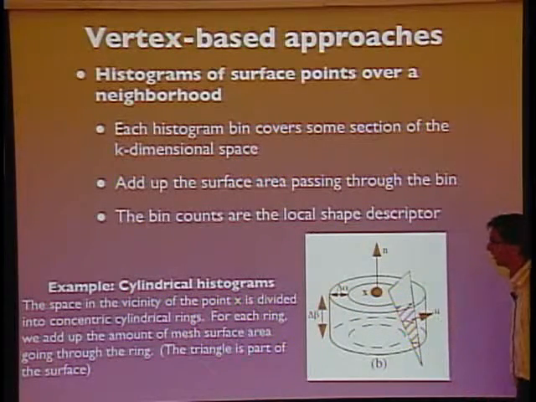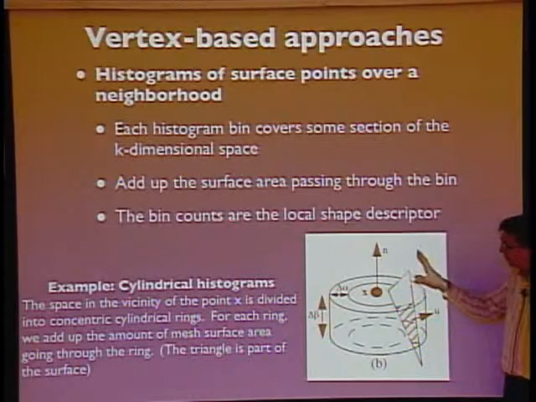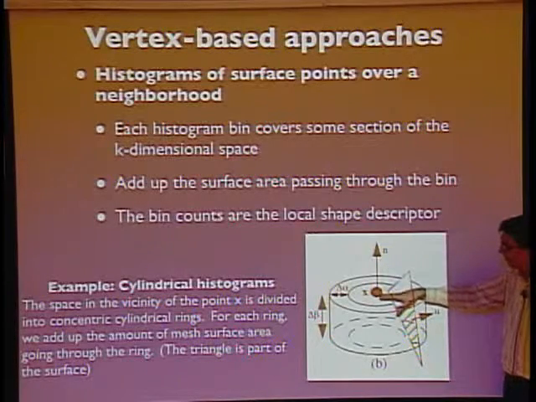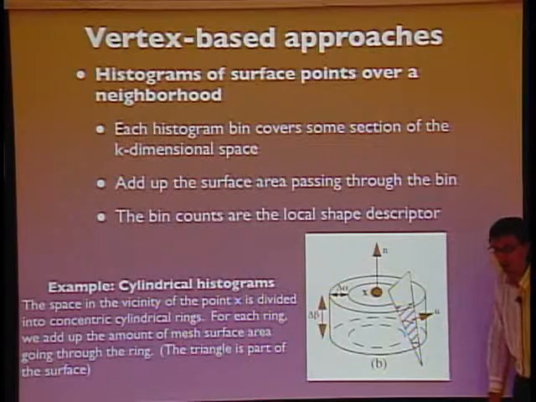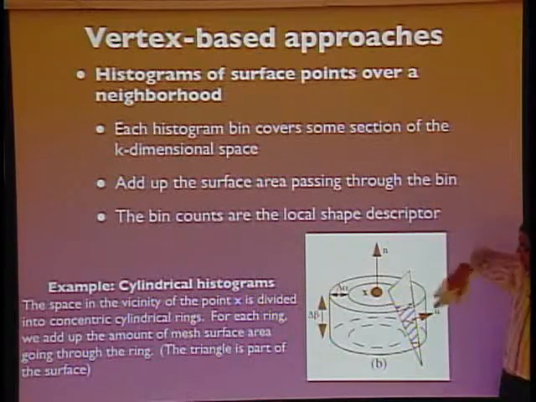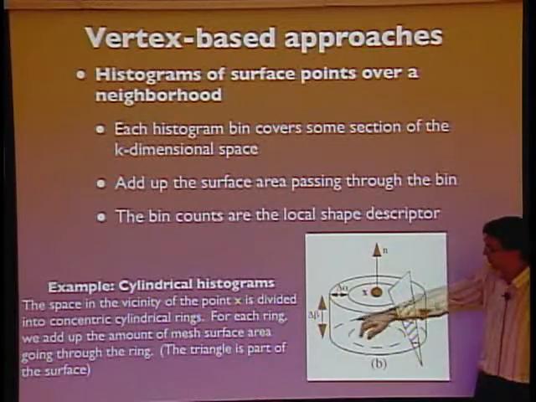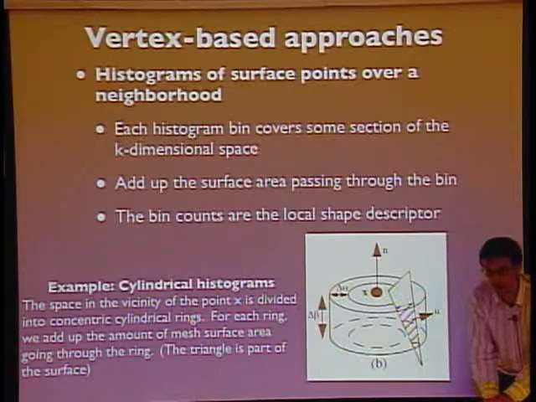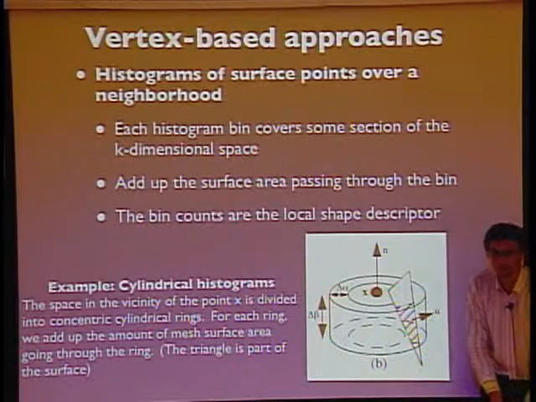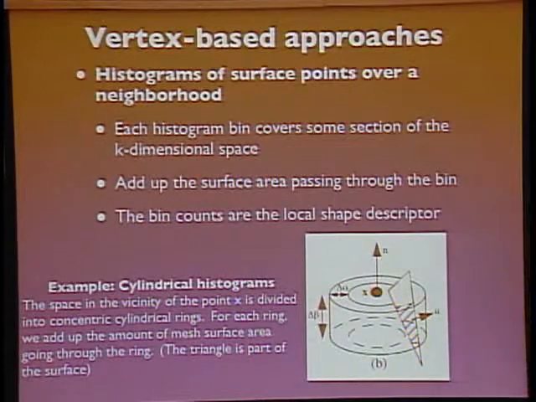And similarly, I also count how many points are a certain distance above me in elevation or below me in elevation. So how much higher above or below me in elevation, that's going to be beta. And there's going to be this band of elevation called delta beta that I care about. So if I do this for a set of alphas and a set of betas, then I'm basically partitioning all of the space around me into these cylindrical chunks.